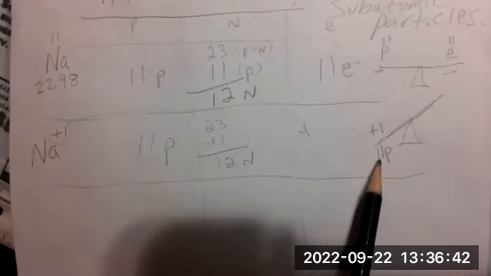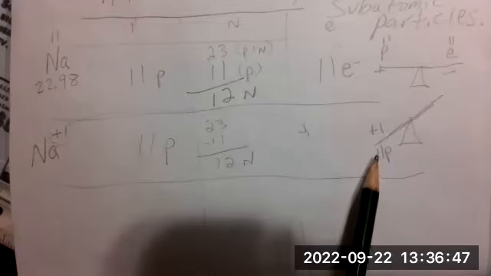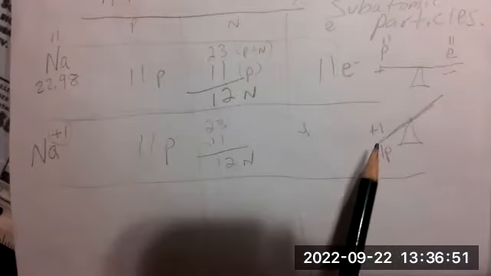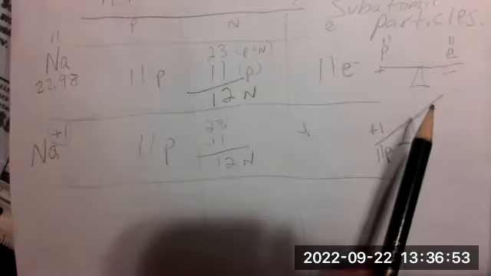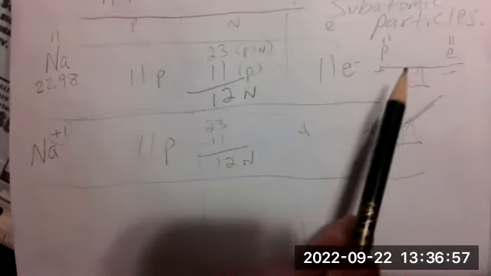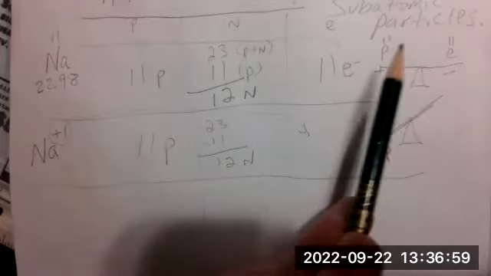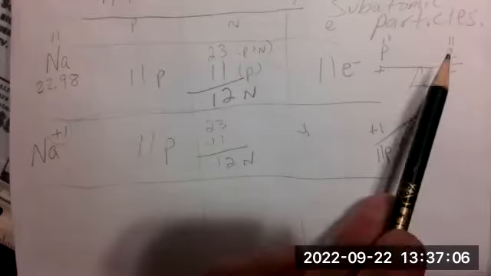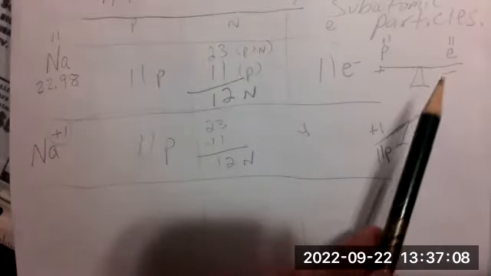So if this number of protons is set in stone, what had to happen to the electrons for the scale to be tipped toward the positive? Did we add an electron or did we remove an electron? Remember, up here, they were equal amounts. So in order for the protons to be more than the electrons, that means we had to remove an electron.